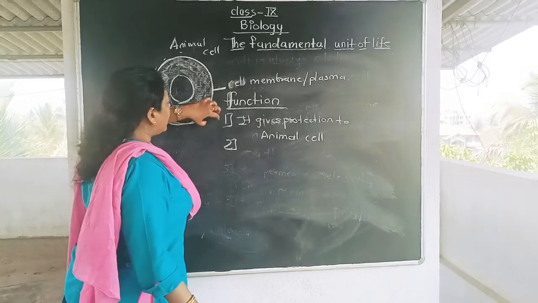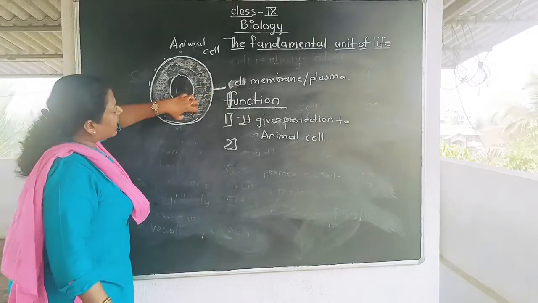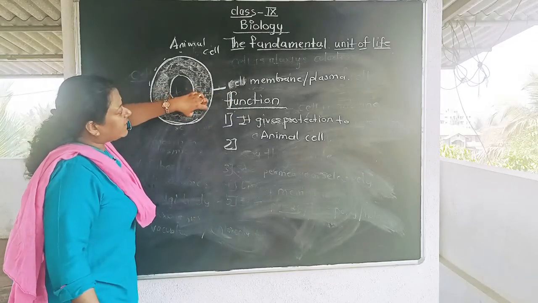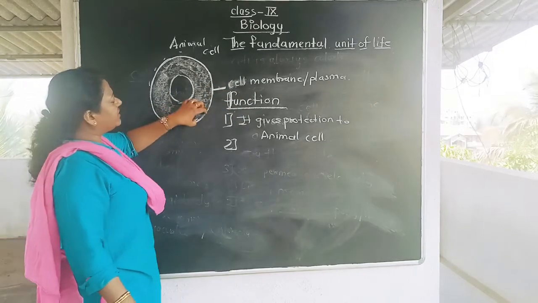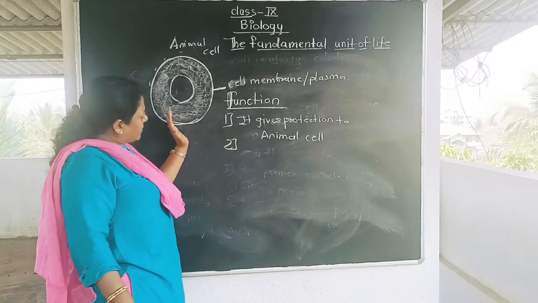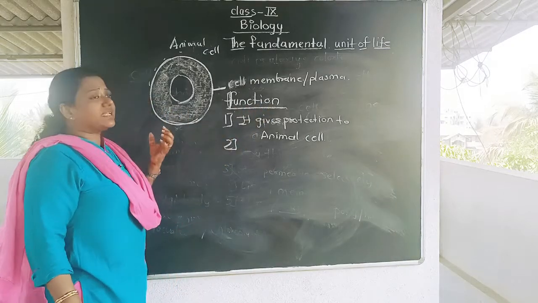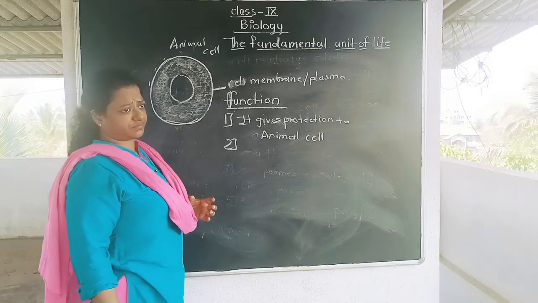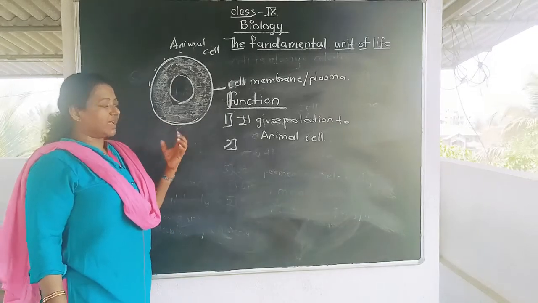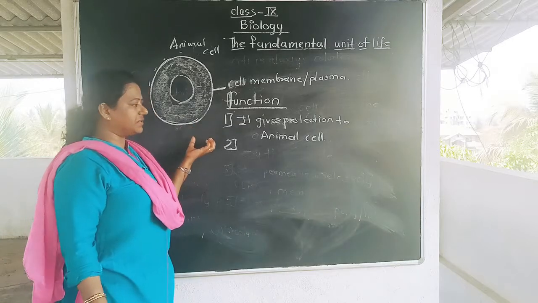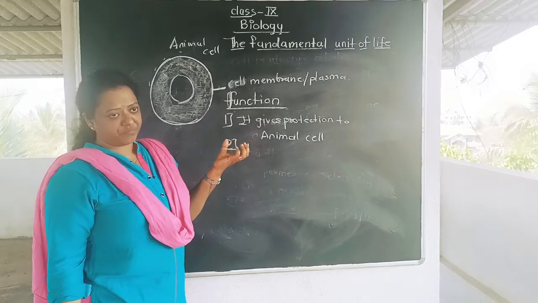So it will allow only oxygen to enter inside, and it will allow only carbon dioxide to exit, because it is not needed by the cell. So carbon dioxide will go out and oxygen will come inside by the process of diffusion. At the same time, as this is a living animal cell, it requires some specific kind of nutrients to survive.